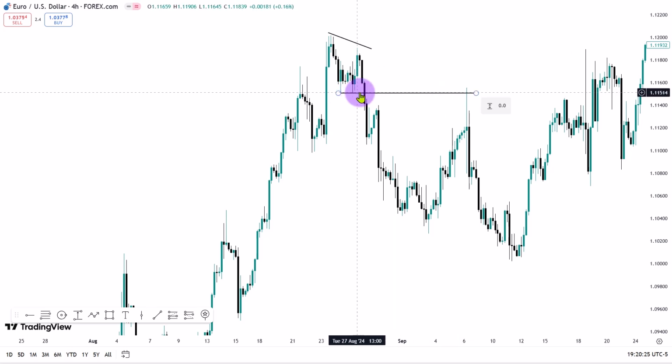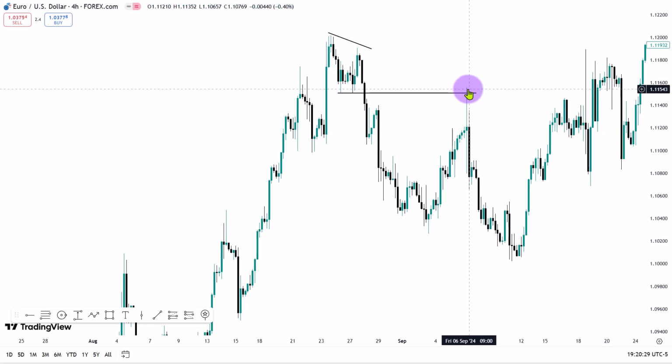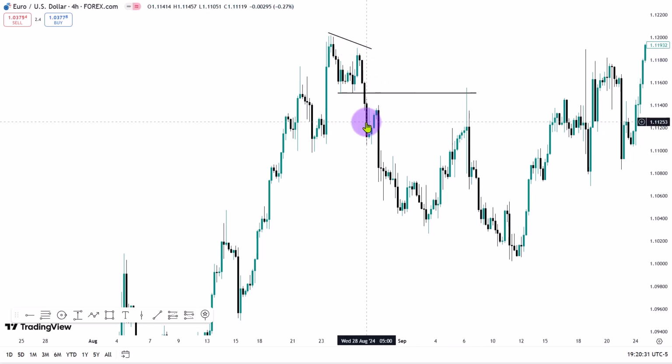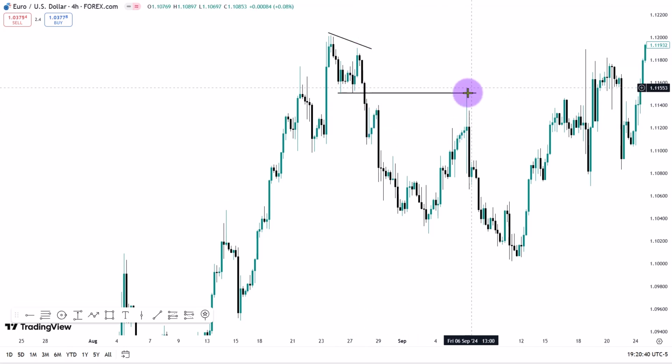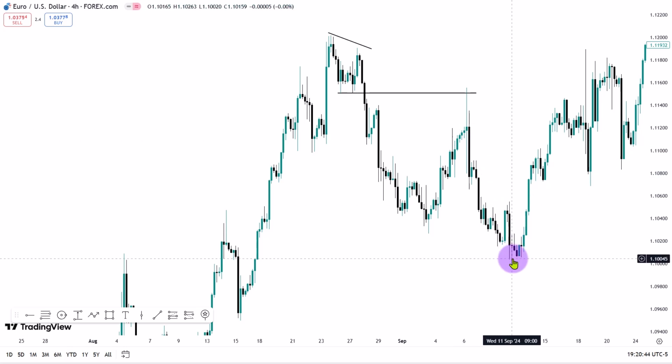Did you see the last low there that led to the shift of structure? That is a mitigation block, but only because there's a failure swing before the shift of structure. One major characteristic of a mitigation block is there has to be a failure swing before the shift of structure. Price traded there, and look at the precision. We sold to the downside.